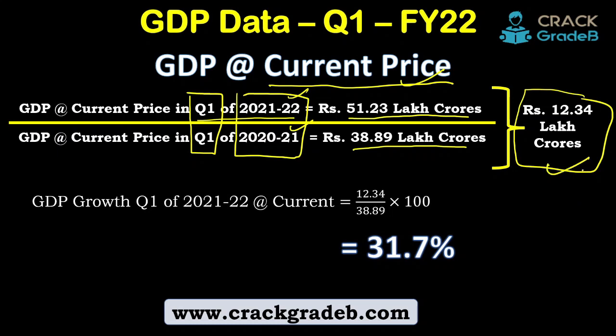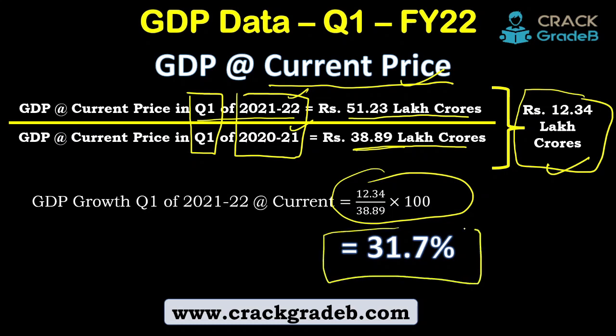The difference is 12.34 lakh crore. Using the same method, 12.34 lakh crore divided by the previous year's data, 38.89 lakh crore, multiplied by 100. The value comes out at 31.7% GDP growth at current price.